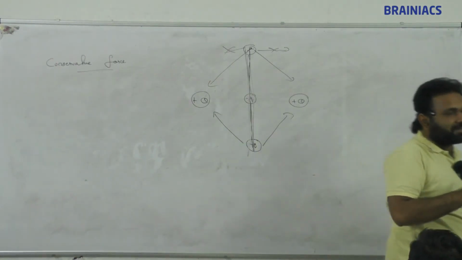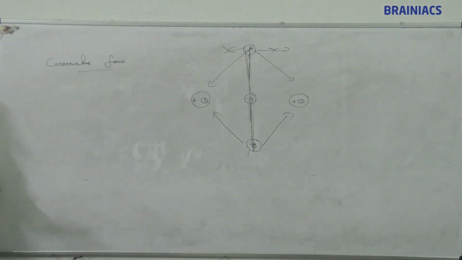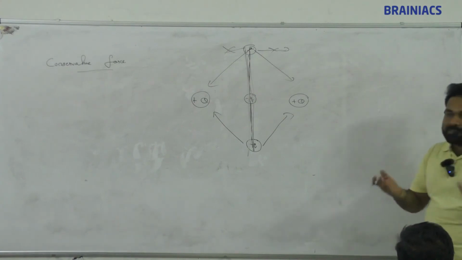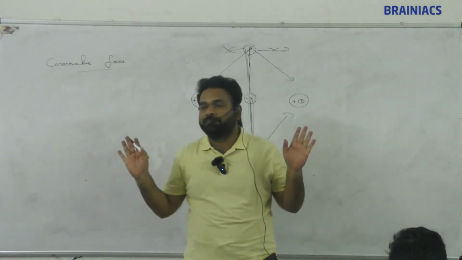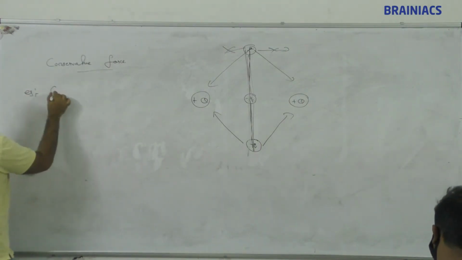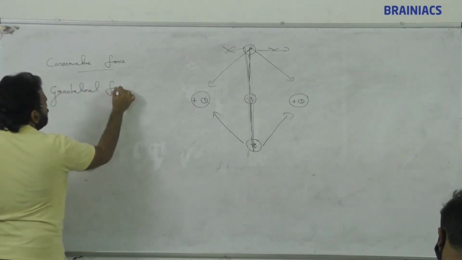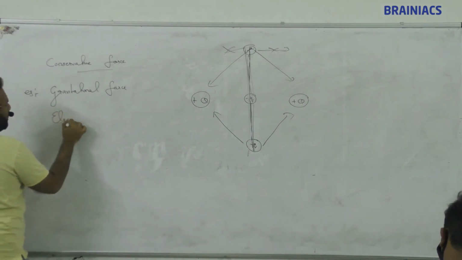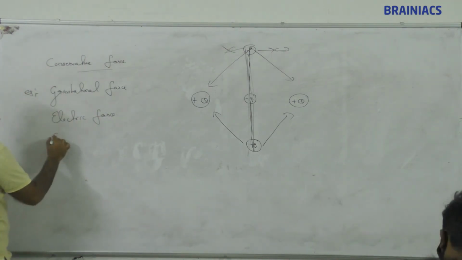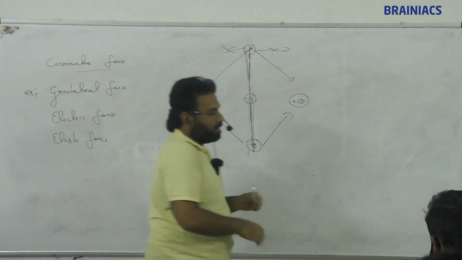So the difference between conservative force and non-conservative force is: if I do work against a conservative force, it will be stored as potential energy. If I do work against a non-conservative force, nothing will happen. Conservative force examples: gravitational force, electric force, then elastic force.